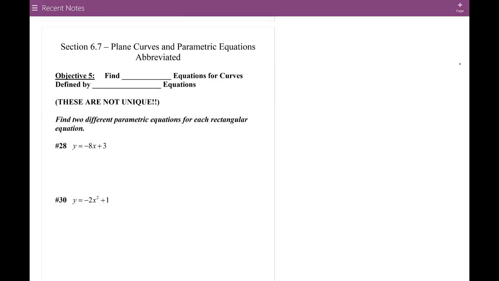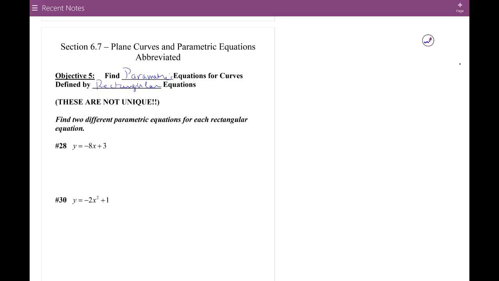And then the last thing we're going to do is find parametric equations for curves defined by rectangular equations. And this is actually pretty easy.